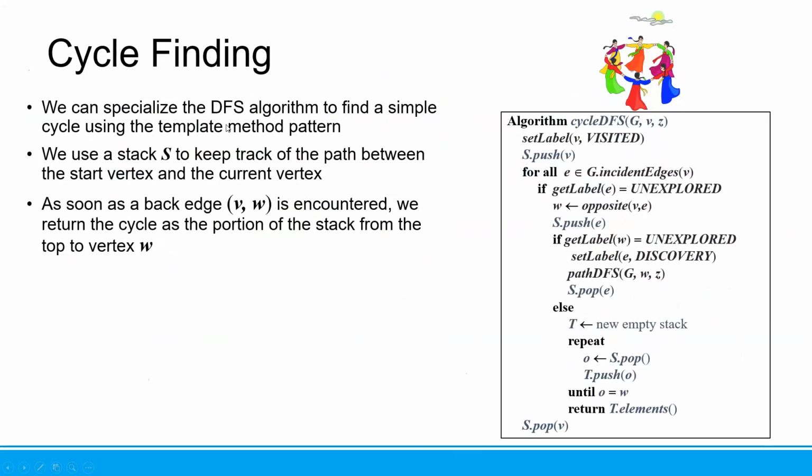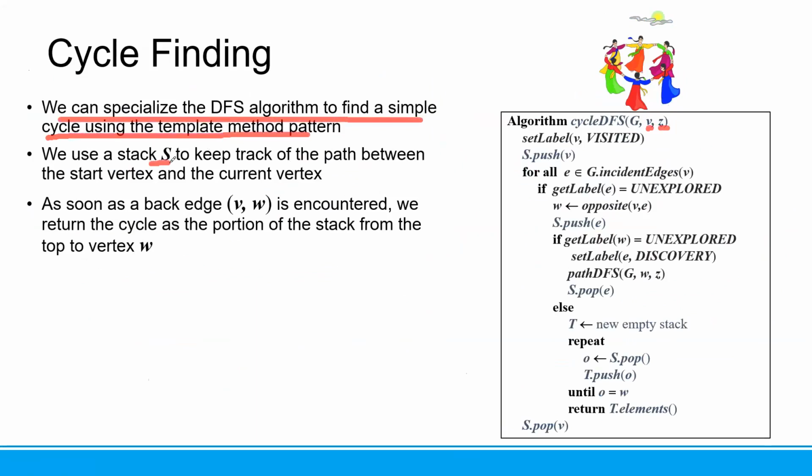You can also find the cycle. The cycle means we want to know the V and Z. When we have the V, it will return back to the V. So we can specialize the DFS algorithm to find a simple cycle using the template method pattern.